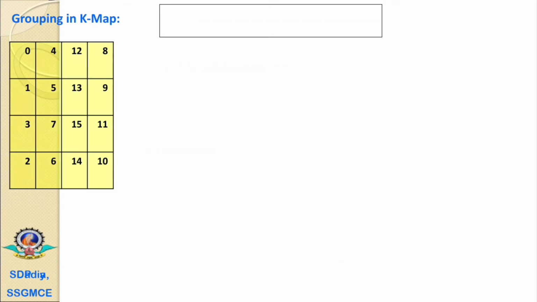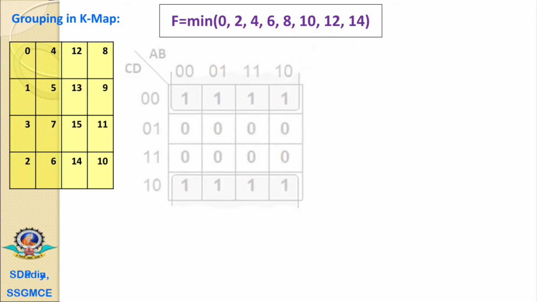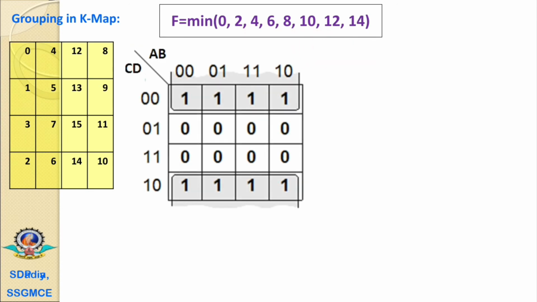Now the next is an example for the function with the min terms 0, 2, 4, 6, 8, 10, 12, 14. If we design the K-map and we enter a 1 for the particular positions 0, 2, 4, 6, 8, 10, 12 and 14, then it will look like this.